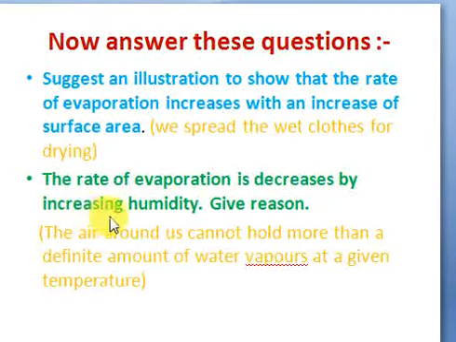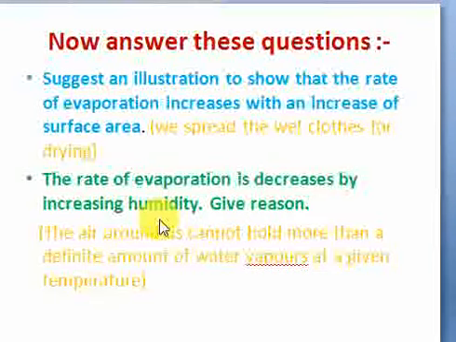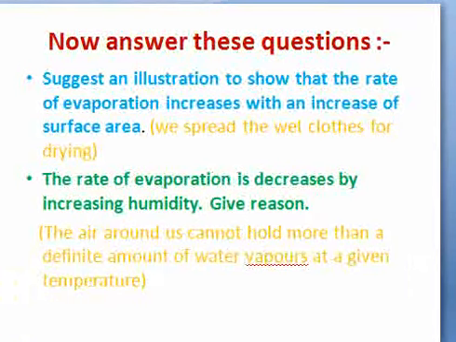Atmospheric air has a limit to absorb water vapor. It cannot absorb any more water vapor than this limit. So the amount of water vapor absorbed by the atmospheric air during the rainy season is less than that of the summer season.